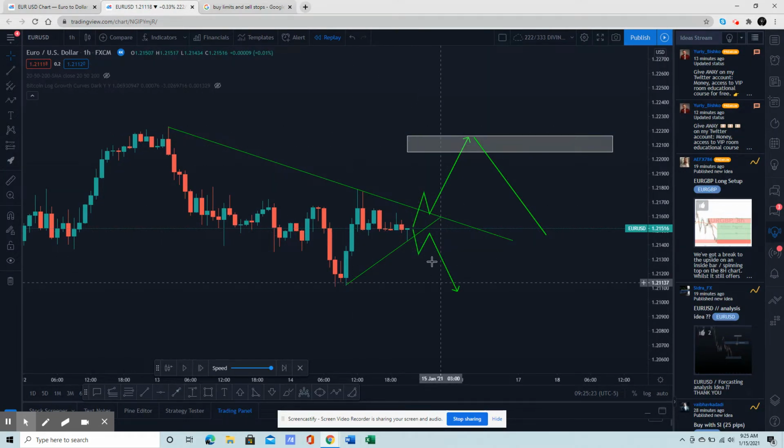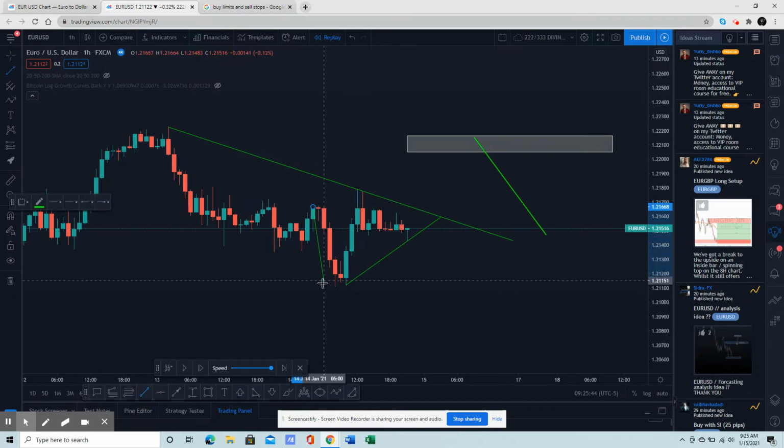Okay, so now I want to get the downside target. Let's take these off. Okay, so what I want to do is I want to take the length of this leg and I'm going to move it over.